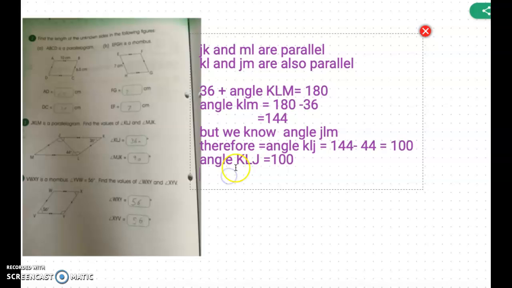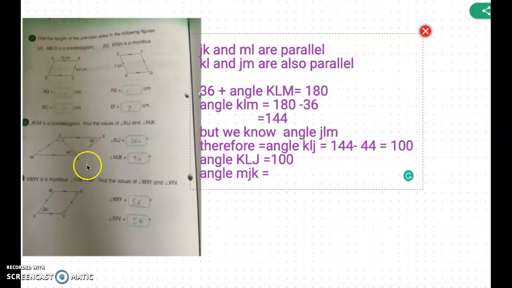Next part is that angle MJK, right? Angle MJK will be equal to, see, this is MJK, this angle we are finding. MJK is equal to this one, the opposite angle.